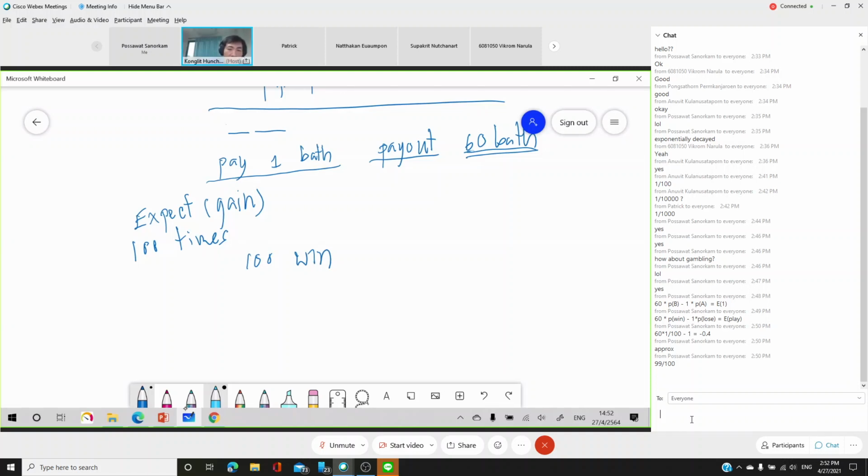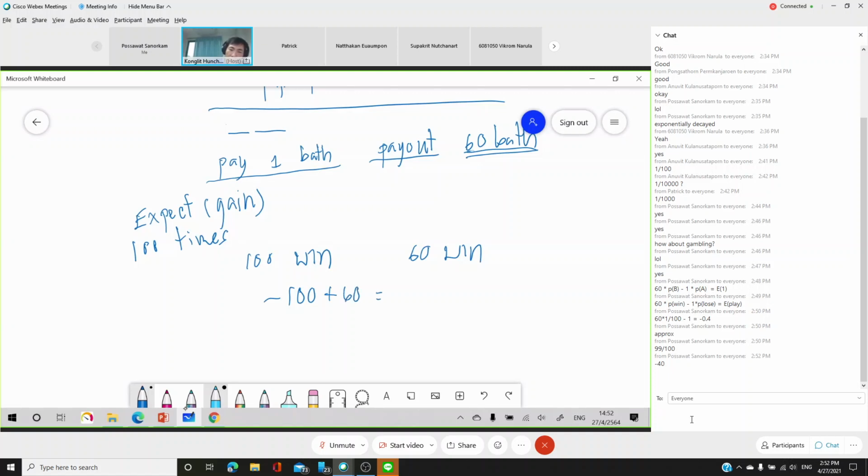And in that game we're going to get back 60 baht. So we're going to lose about 40 baht. That's our expected gain.